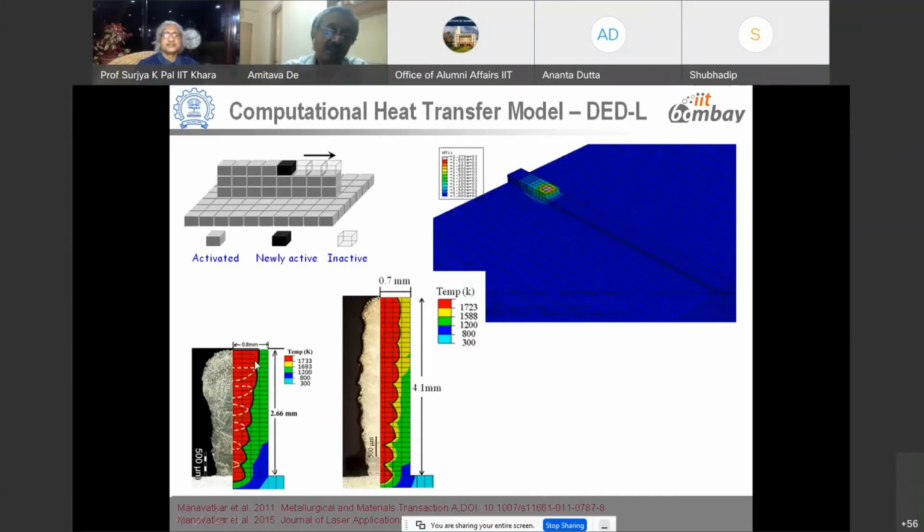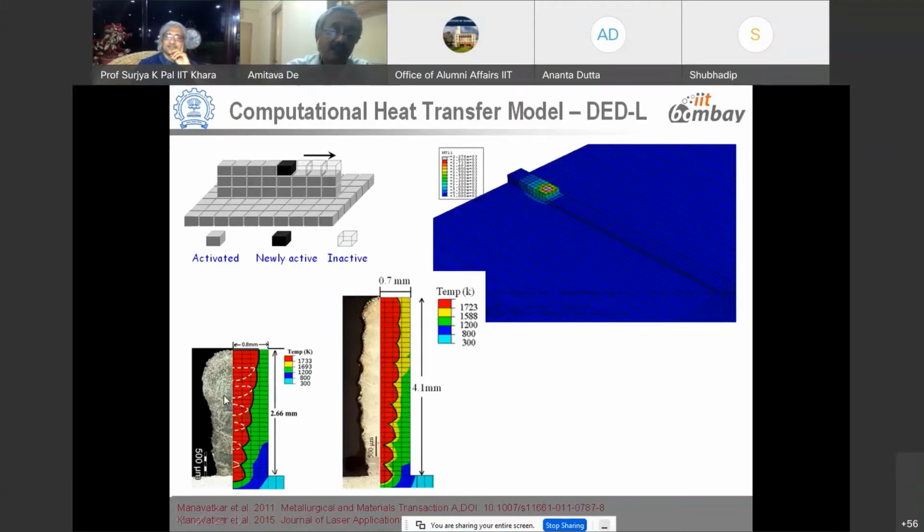And such models can largely predict what the shape of the build or deposit would look like. It's a simpler case. It can also be done for any number of layers. So this is the beauty of the system. Once a model is built, if the computational challenge can be taken care of, it doesn't matter how many builds there are or what the material is.